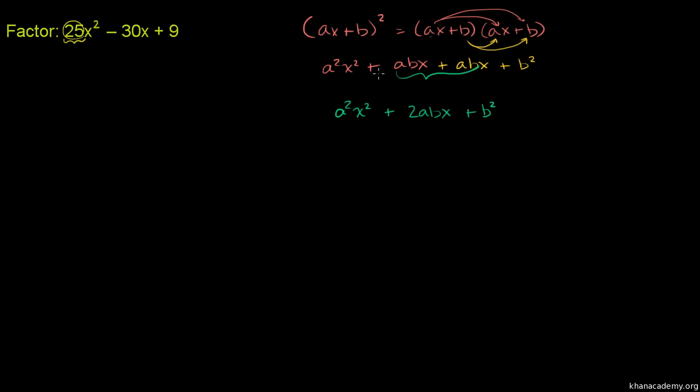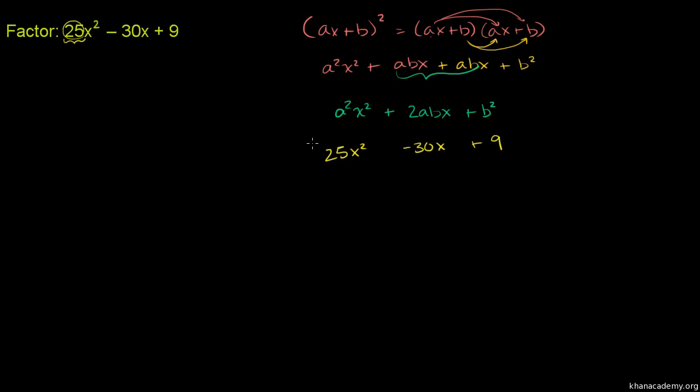So this is what happens when you square a binomial. Now, this pattern seems to work out pretty good. Let me rewrite our problem right below it. We have 25x squared minus 30x plus 9.